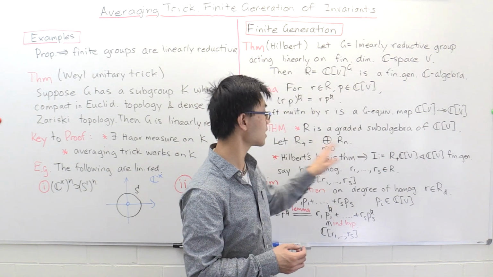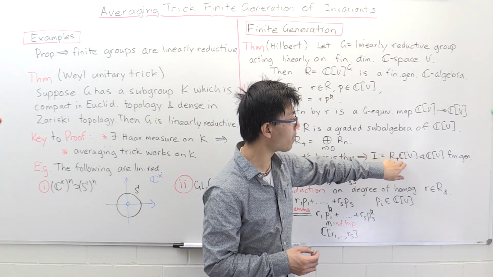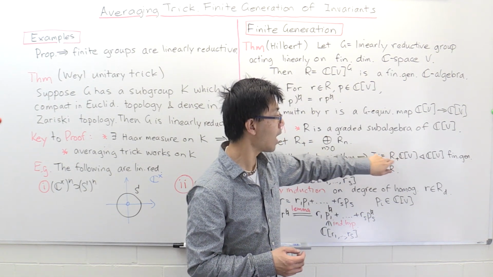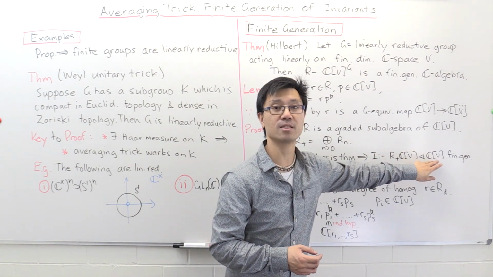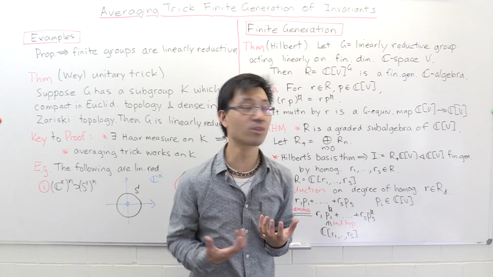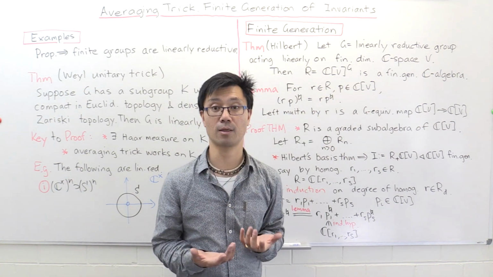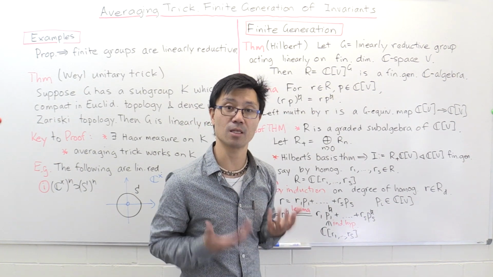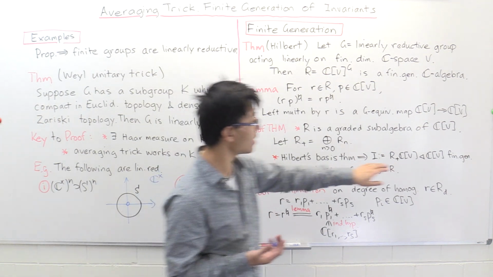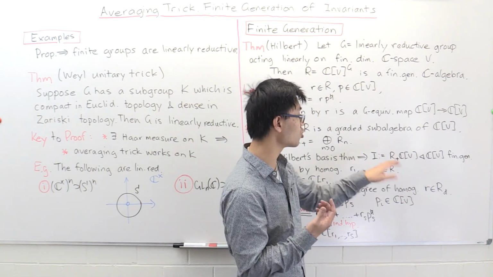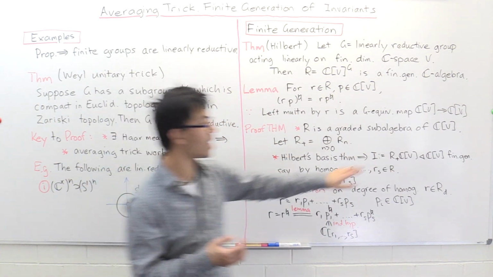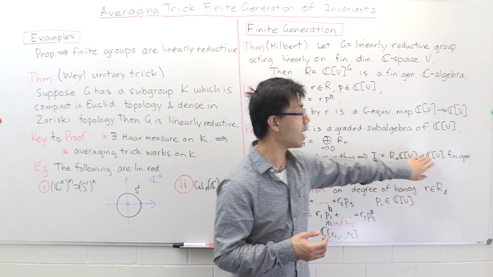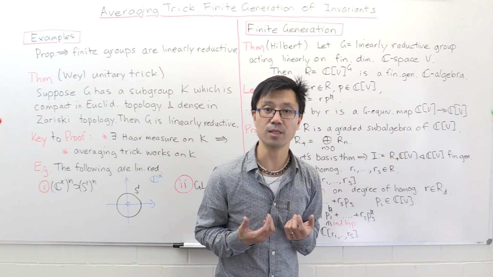R plus, this thing here, and we're going to multiply it by C of V, and put it back here so that this is going to be an ideal inside C of V. So we're going to use the ideal theory of this polynomial ring and the fact that we know about ideals in this polynomial ring. That was one of Hilbert's insights, to use this ideal. So what can you say about that? Well, this is an ideal inside here, and as an ideal, it's finitely generated.